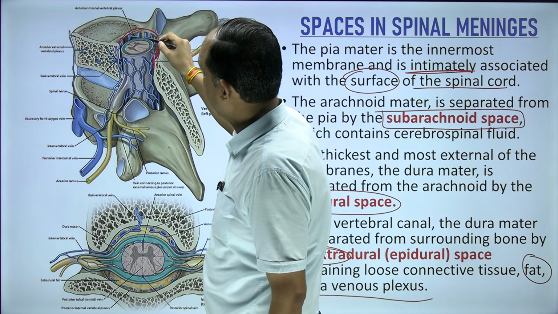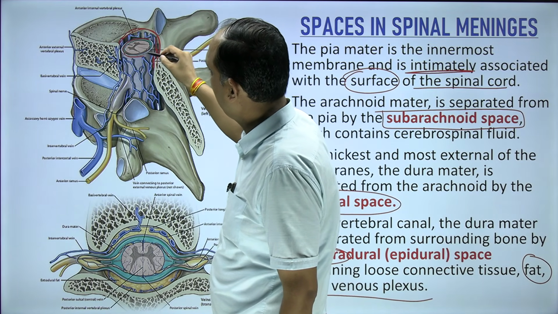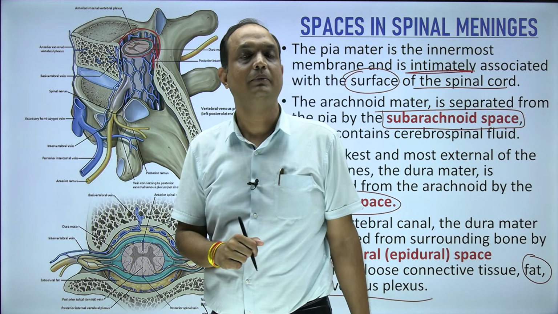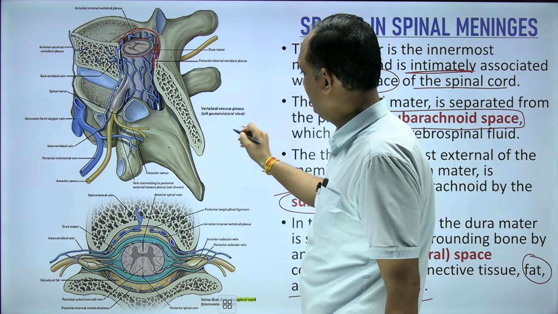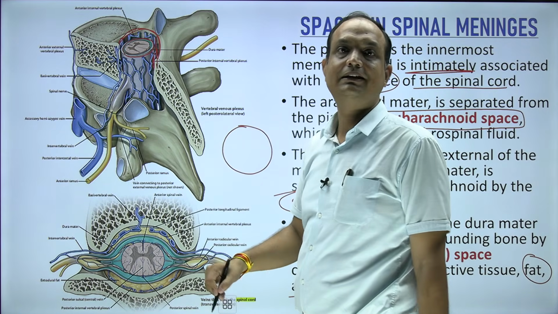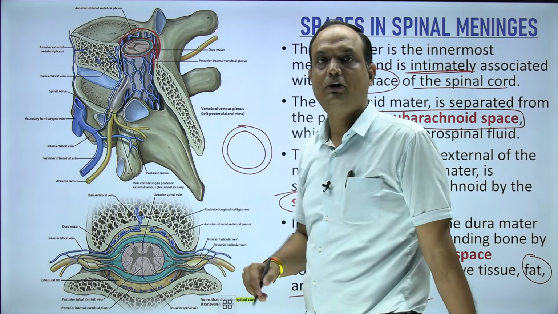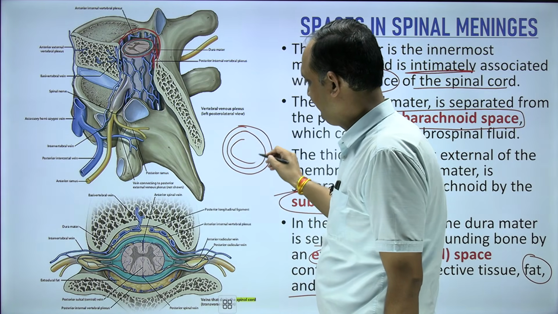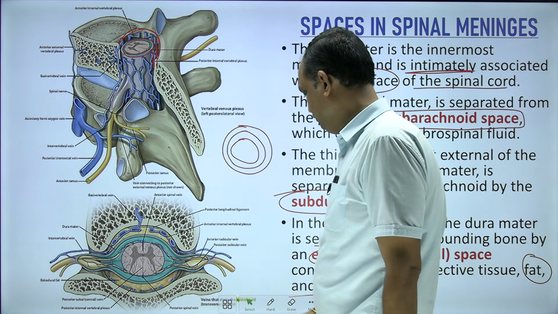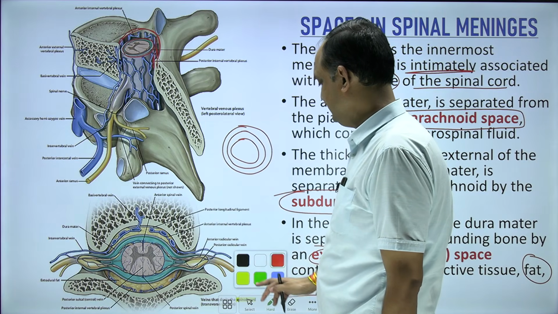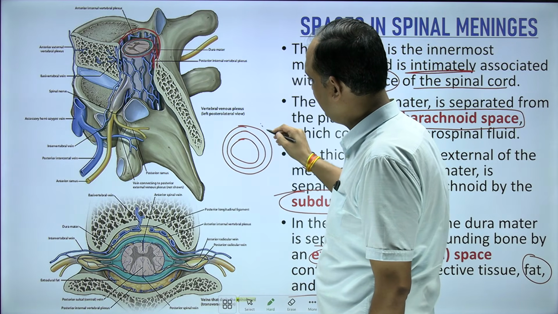Now just inside the venous plexus, the outermost covering is your dura mater. Inside the dura mater, you will have the arachnoid mater. Inside the arachnoid mater, you will have the pia mater. So what are the spaces? Keep in mind that the space outside the dura is the extradural space.